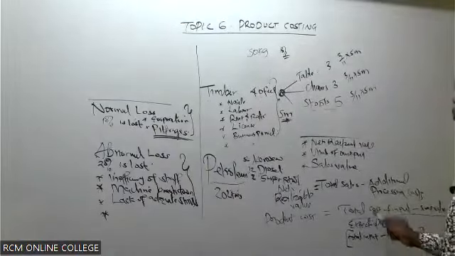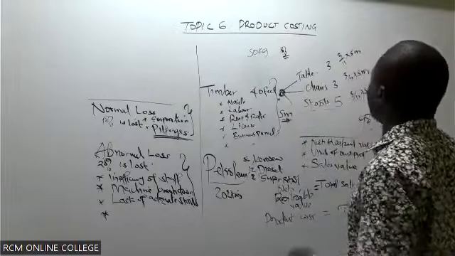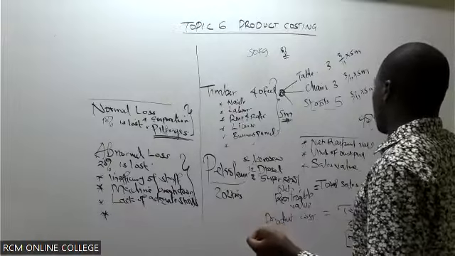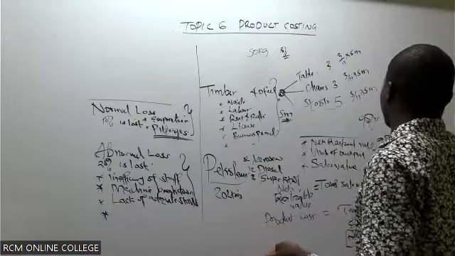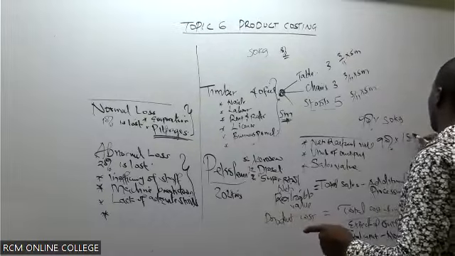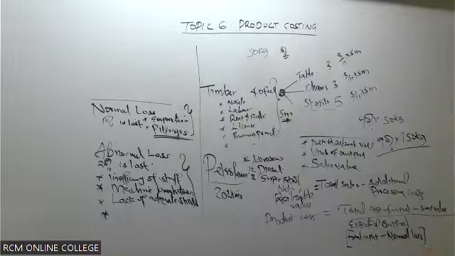My expected output will be 90% of any input the company will be bringing in for production.